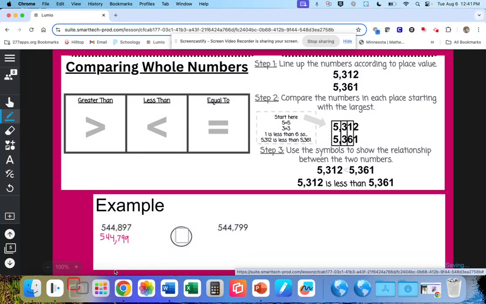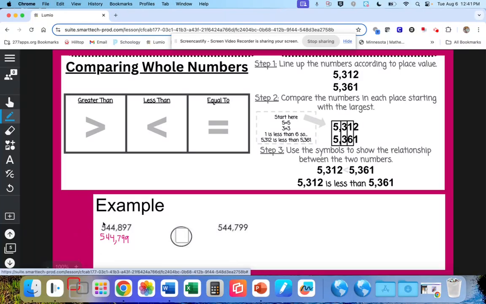And then we can see, according to the highest place value, if they're equal or not. Now, the very first step you should always do is count how many digits. If one of the sides has more digits than the other, you already know which one's bigger. The one with more digits is a bigger number.